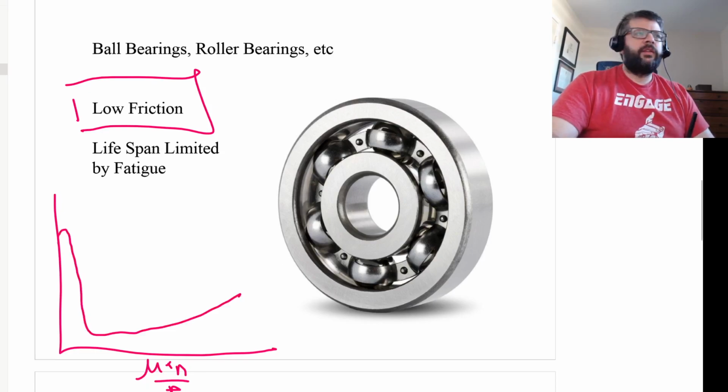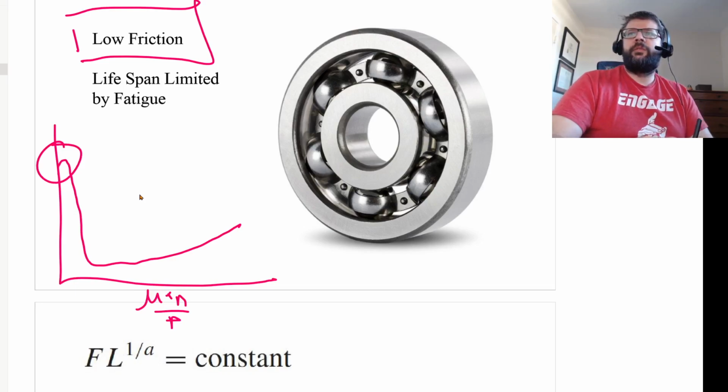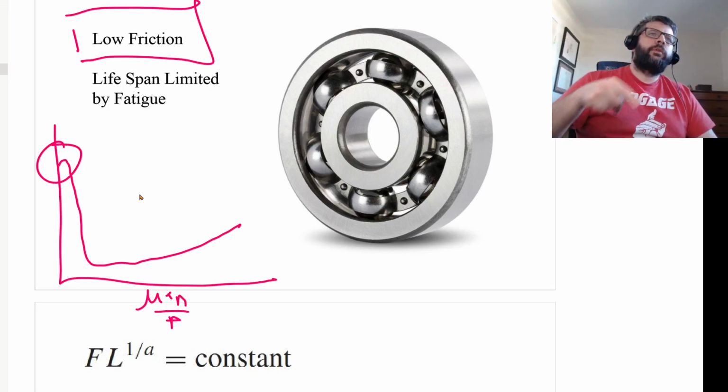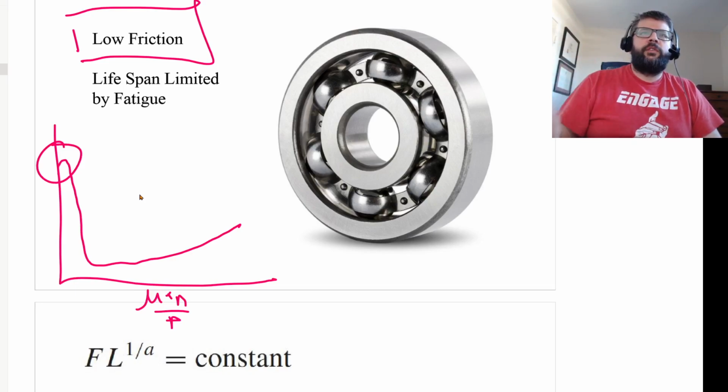So if we're operating in this region a lot, if we're operating at low speeds or very high pressure, then we may end up in situations where you're not able to develop that full hydrodynamic wedge that you rely upon in order to reduce friction and especially to reduce wear.